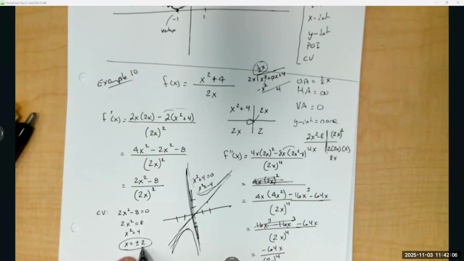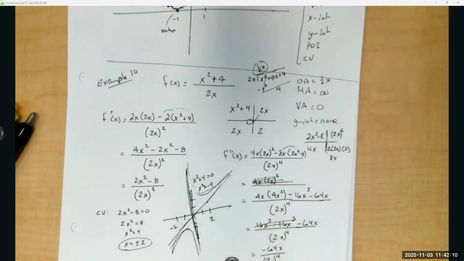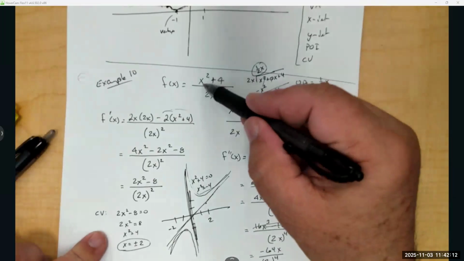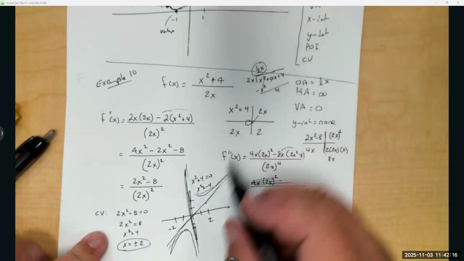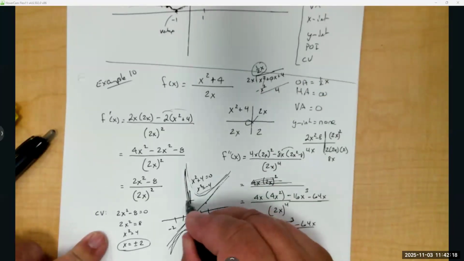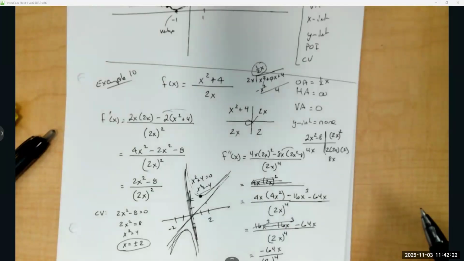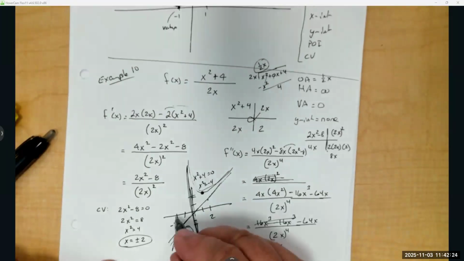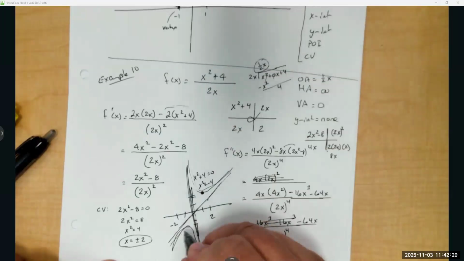Our critical values are at 2 and negative 2. So if I put in 2, 2 squared is 4, 4 plus 4 is 8, 8 over 4 is 2. So it's at 2, 2. Same thing with negative 2. It would be negative 2, negative 2.